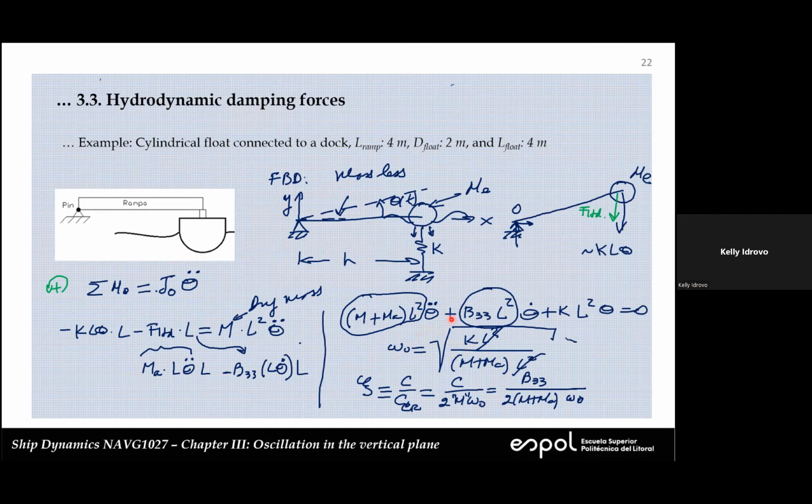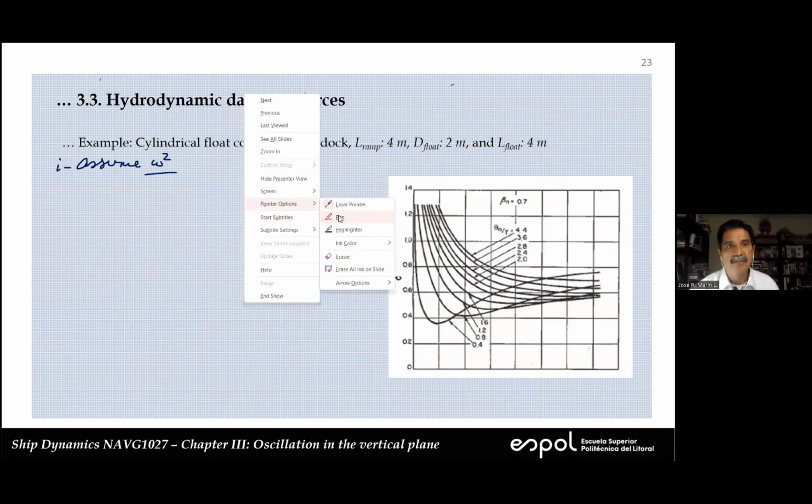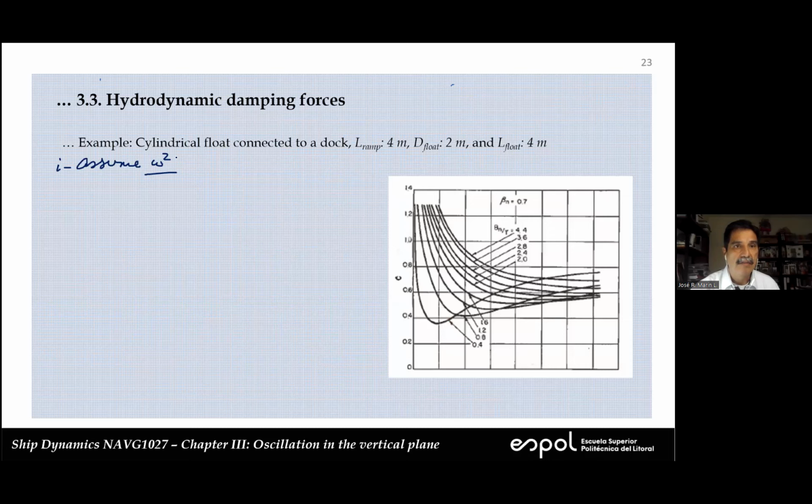Okay, thank you. So for this calculation, let's assume a value for omega squared b over 2g. I have an exercise here with a value of 0.4. Oh man, I'm in trouble here because I don't have the scale. Let me go back.